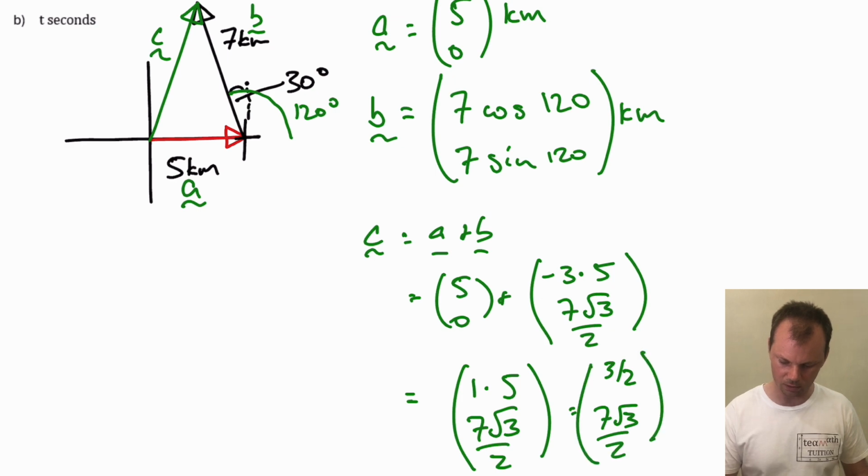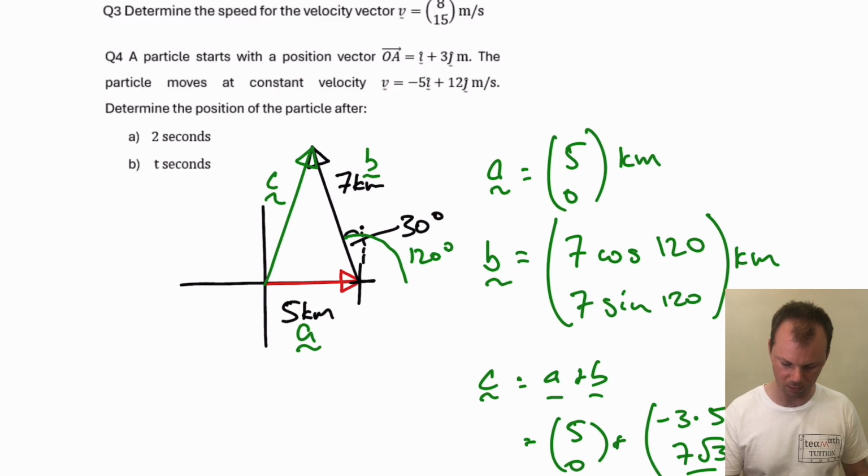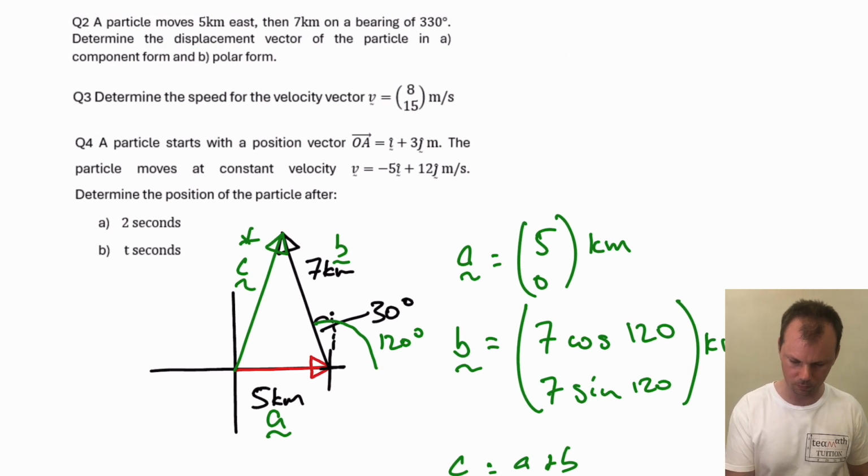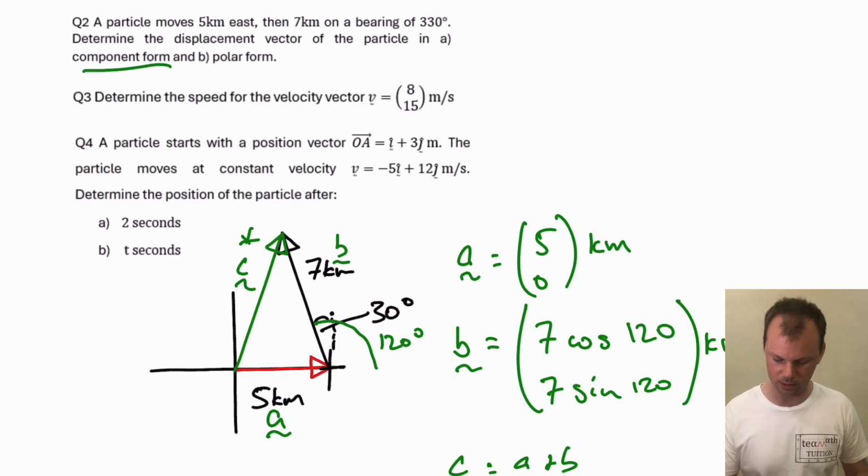So that's our displacement vector, the one up here in green. That's expressed in component form. Now we need to express it in polar form.